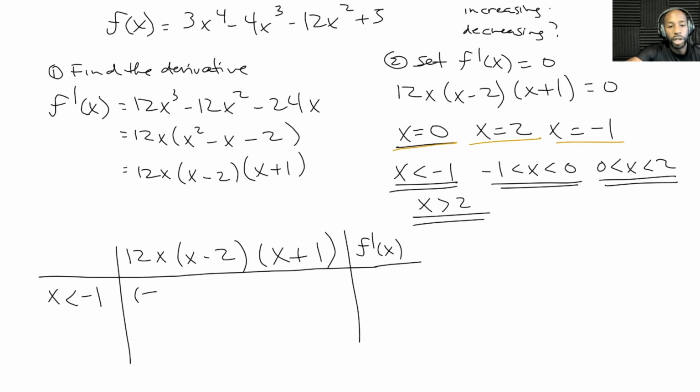This is going to be negative. And this is also going to be negative. Okay. So a negative times a negative is a positive, times another negative is going to be a negative. So the first derivative is negative at x less than -1. So that means it's decreasing here.